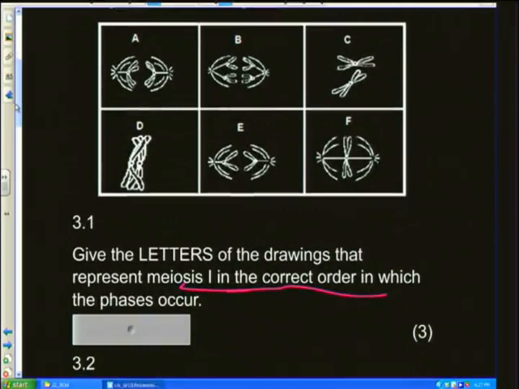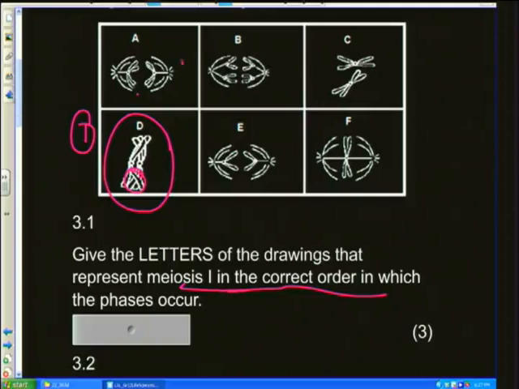There are your diagrams. First of all, we need to determine which are meiosis 1 and which are meiosis 2. This one here is definitely meiosis 1. Why? Because we can see crossing over taking place there. This one above, look at the chromosomes. The chromosomes have two strands. They have chromatids, both of them together, still intact. They haven't separated.